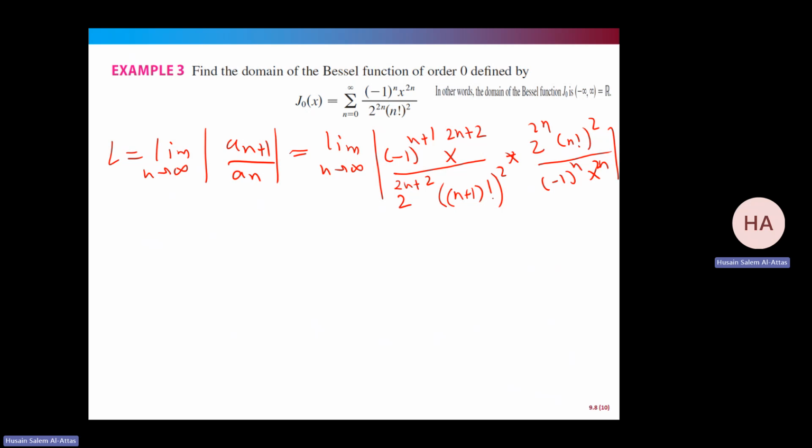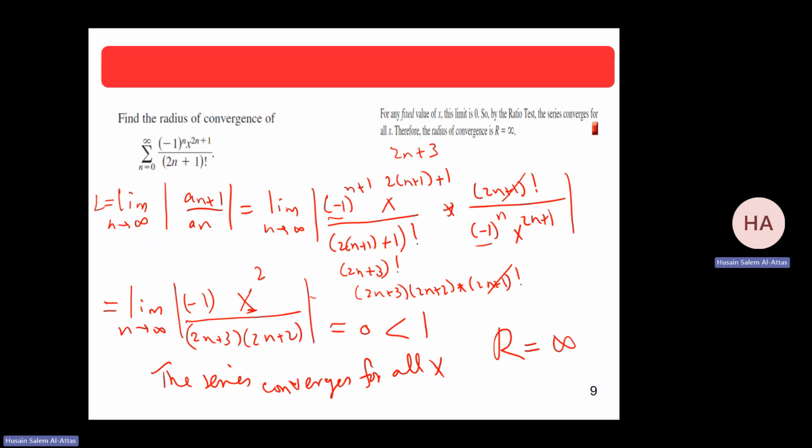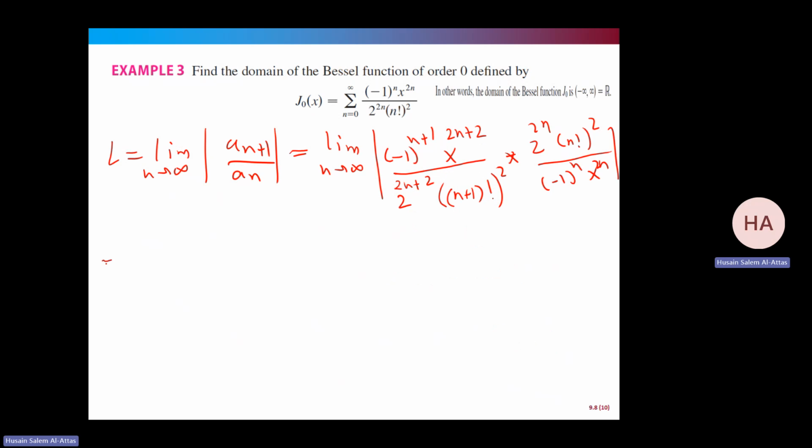Do the calculation like what we did here. I'm checking. I have a limit always. Don't forget the limit. Then you get rid of all the n's. On this one, I have a minus sign. That will make nothing because of the absolute value. This will be x squared. Now this with this, I have 2 squared here.